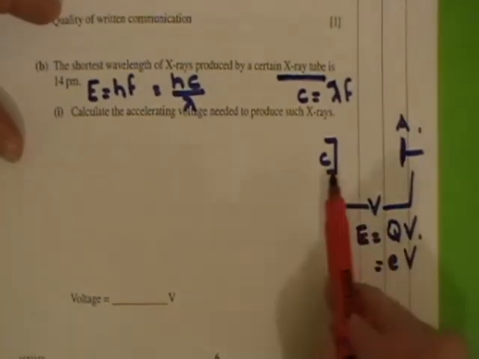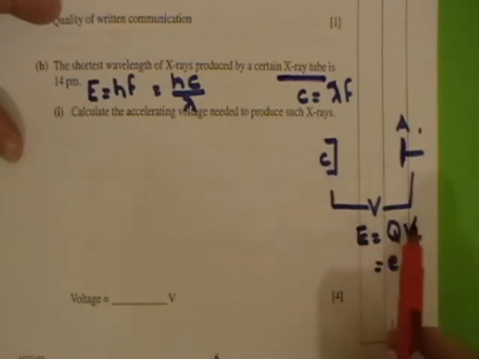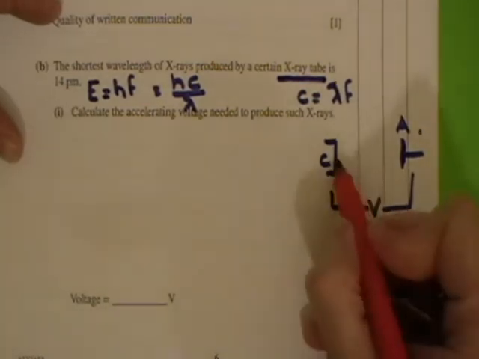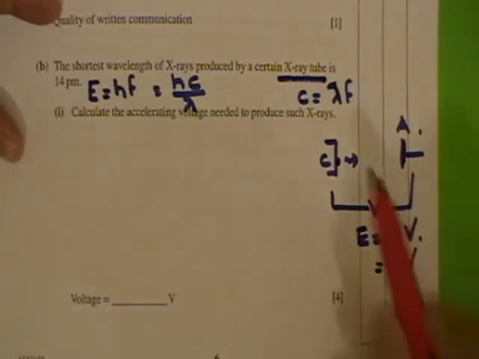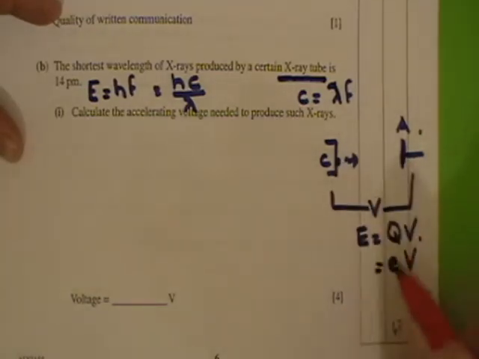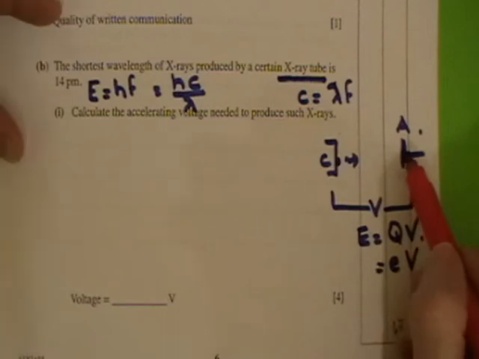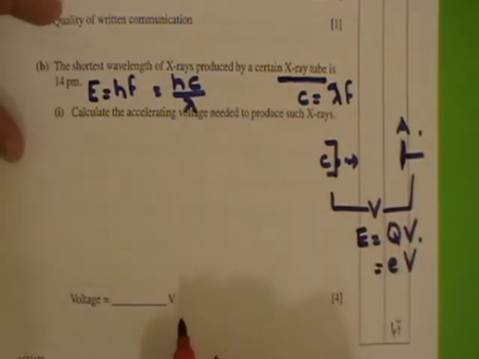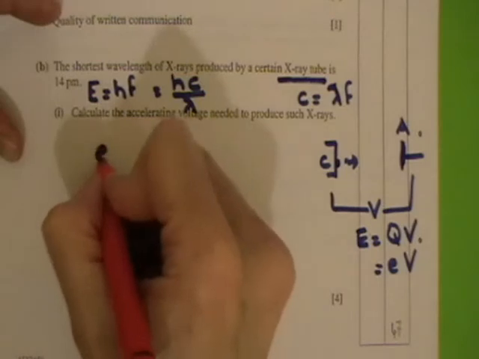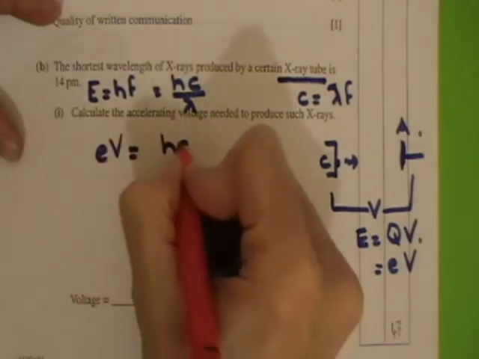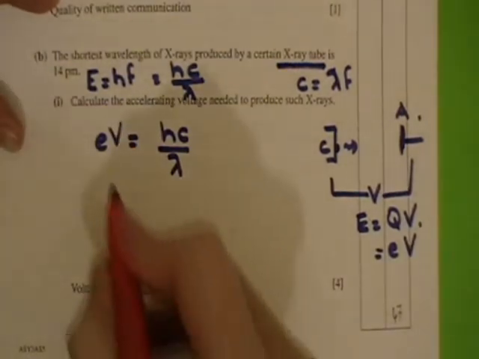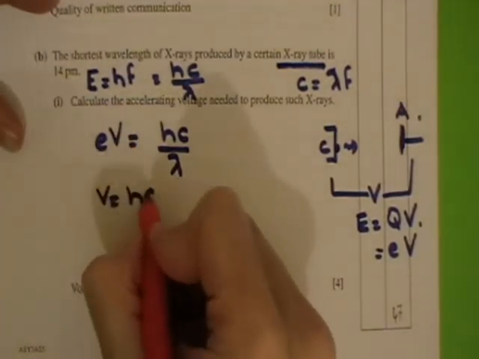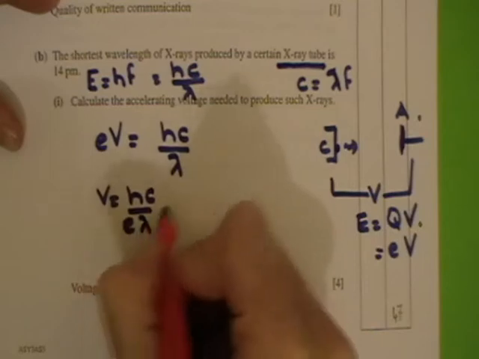So the energy the electrons get crossing the tube is equal to eV. Then if that electron gives up all that energy, that's equal to hc over lambda. So we put eV equal to hc over lambda. Rearrange because we want V, so V equals hc over e lambda.